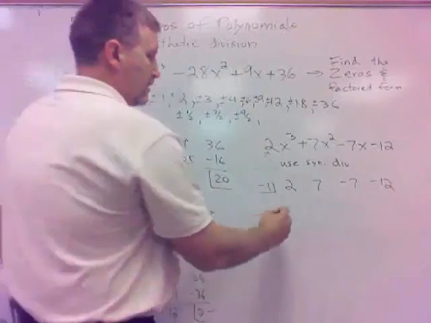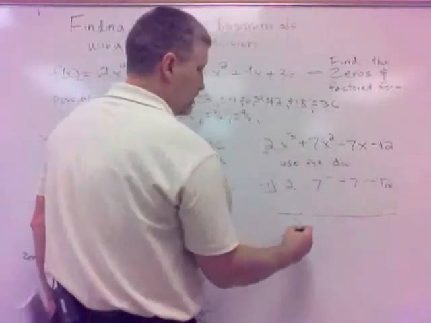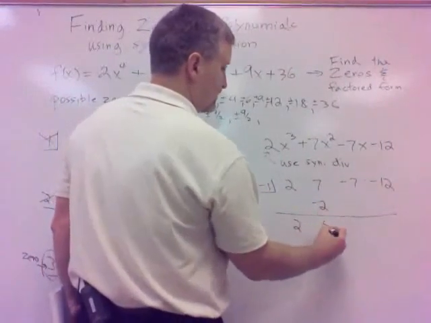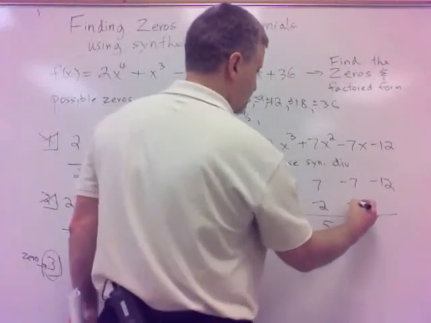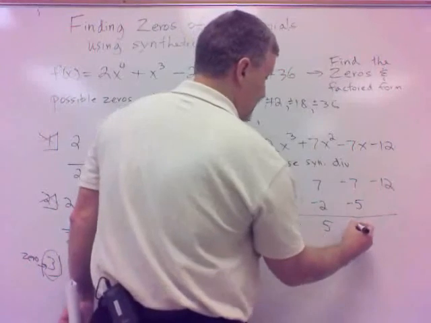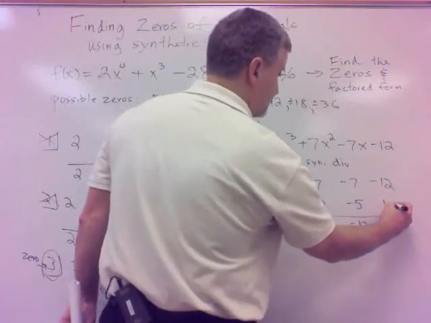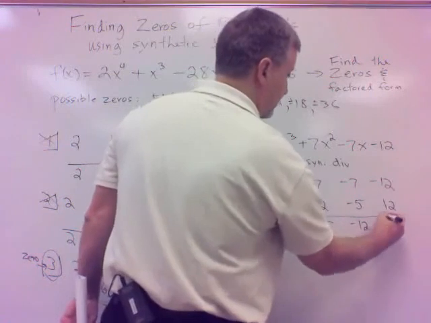Okay, so that's 2. 2 times negative 1 is negative 2. 5 minus 7 is 5. 5 times negative 1 is negative 5. Negative 7 minus 5 is negative 12. And negative 12 times negative 1 is positive 12. Negative 12 plus positive 12, good deal.